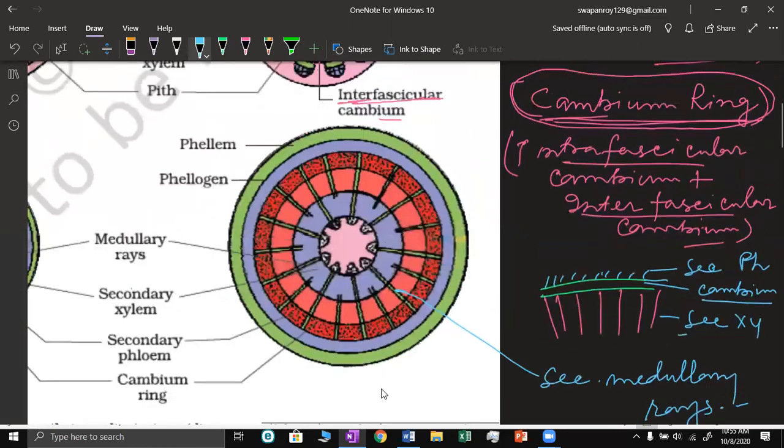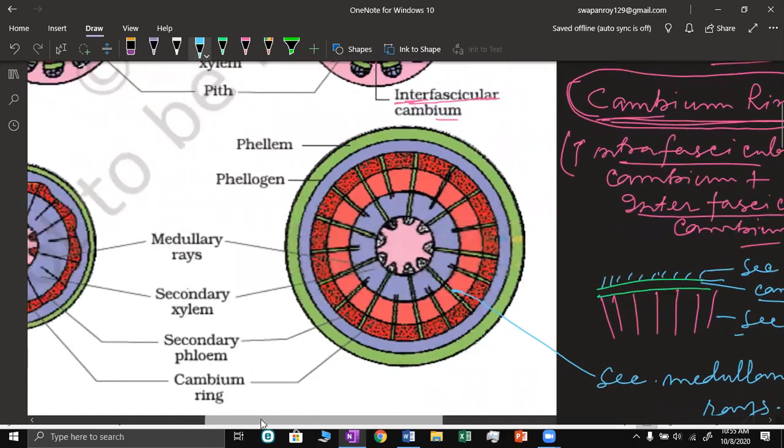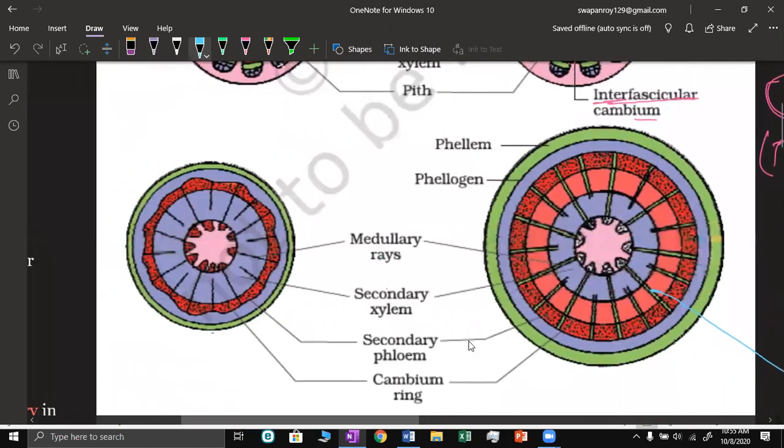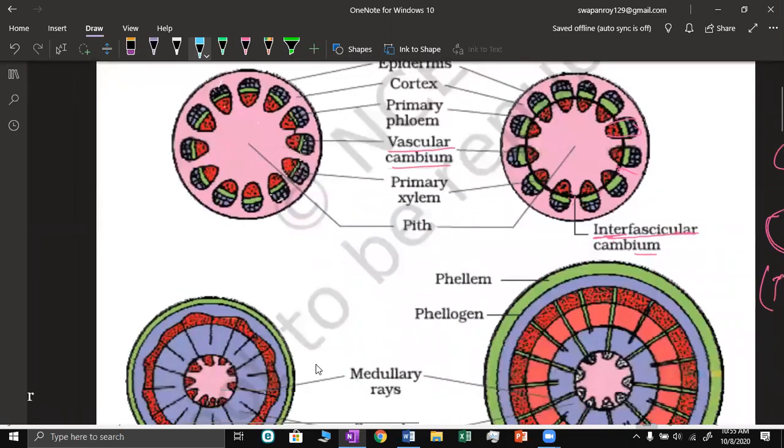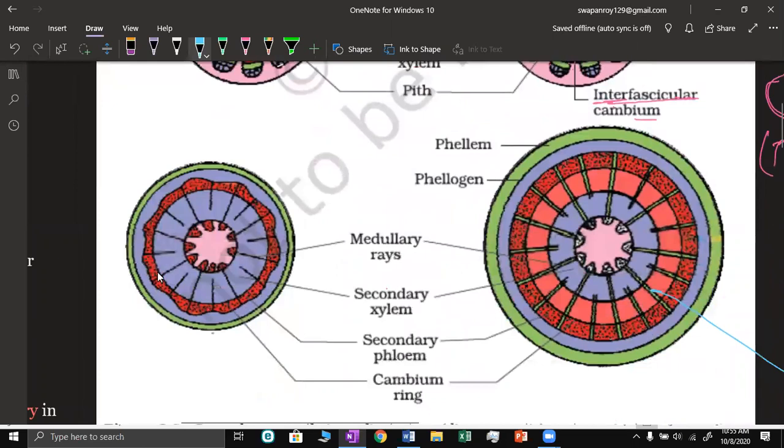So this is the ring formation. After that, here it is showing that the secondary growth has started. This blue portion is the secondary xylem.